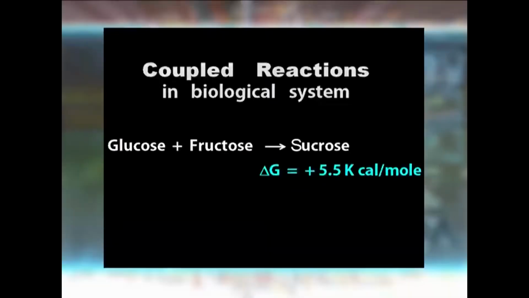A good example is glucose and fructose joining together to form sucrose. The delta G value of this reaction is plus 5.5 kilocalorie per mole. That means the delta G value is positive, meaning this reaction is not spontaneous in nature.